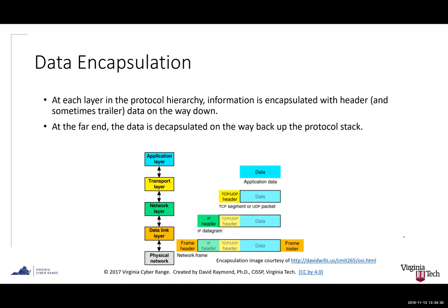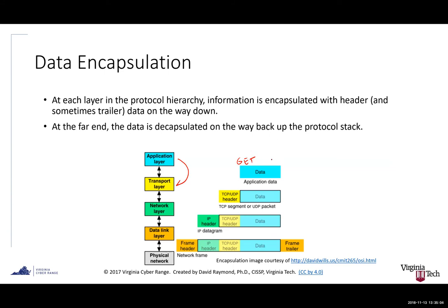So what happens at the application layer is if I browse to http://www.nasa.gov, what my web browser is going to do is it's going to take that HTTP request and send it down to the transport layer. So this is a GET request. GET is an HTTP protocol command.